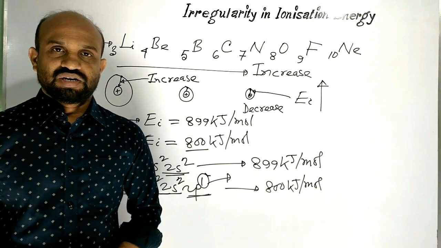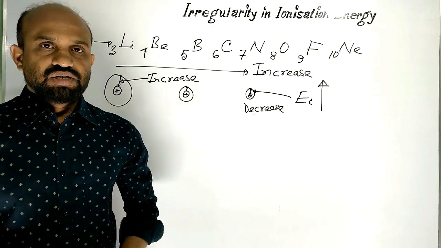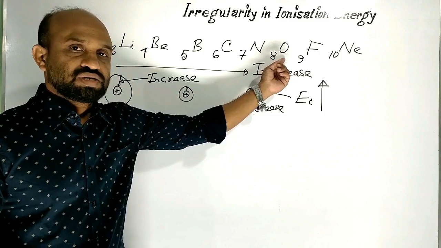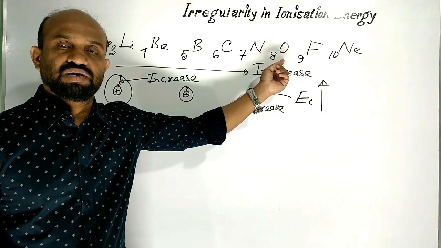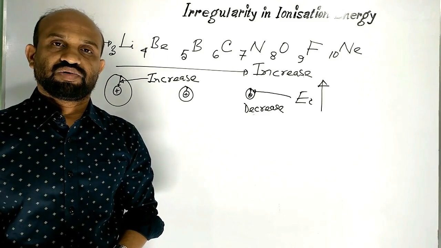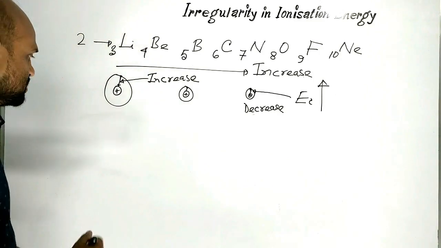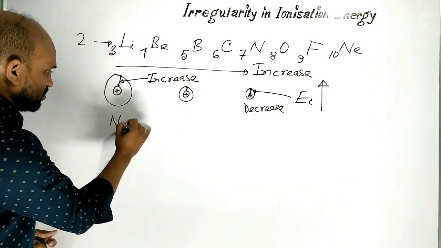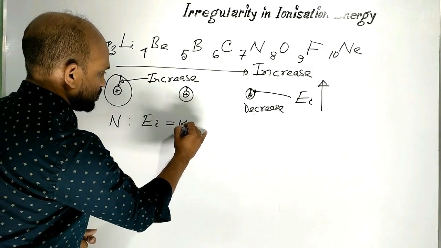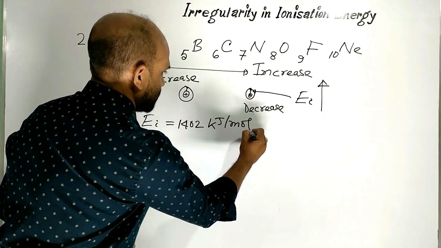Now let's see whether there is any other irregularity in ionization energy. Now let's see about nitrogen and oxygen. Here, oxygen belongs to the right side of nitrogen. So, ionization energy of oxygen should be higher than nitrogen. Let's see the matter. Ionization energy of nitrogen is 1402 kilojoule per mole.